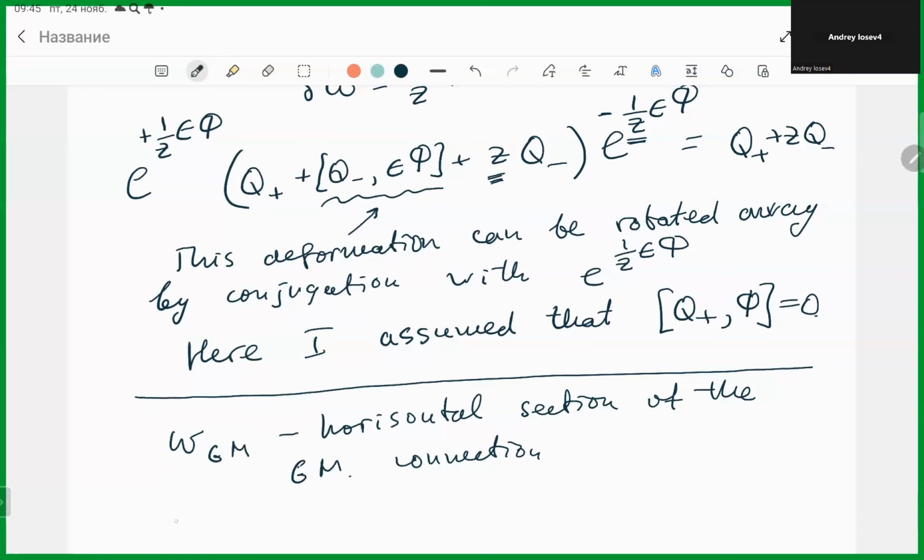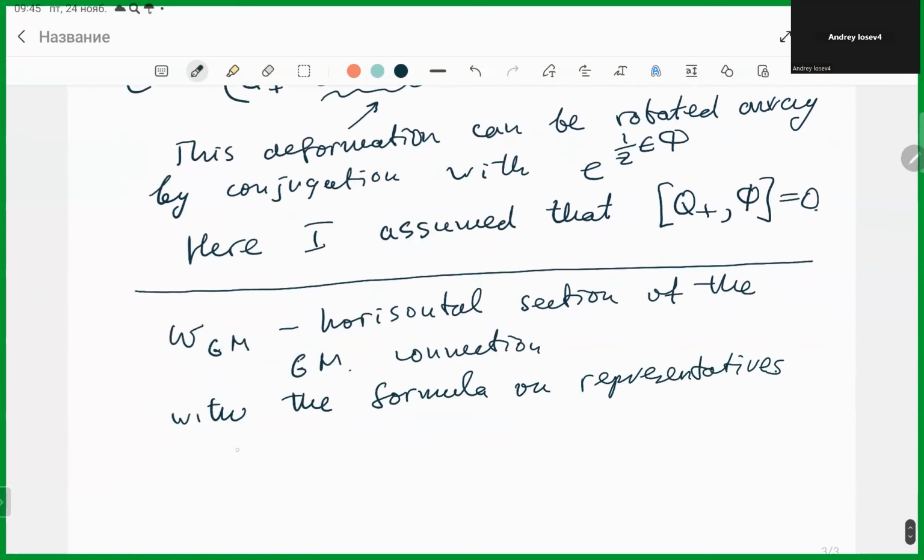With the formula on representatives, delta Gauss-Manin of omega. And this is connection number 1.